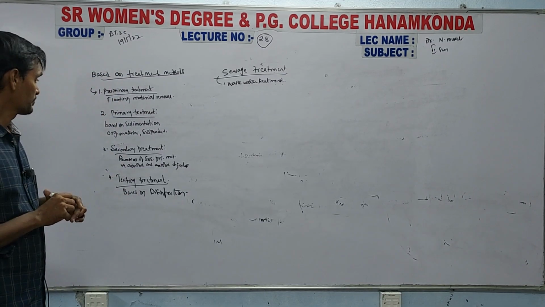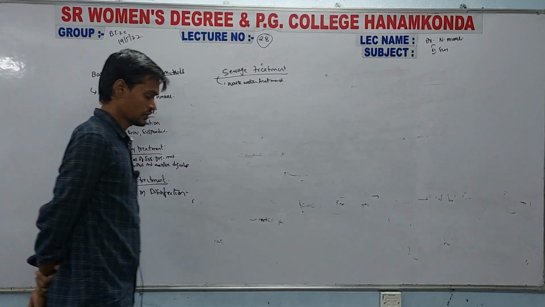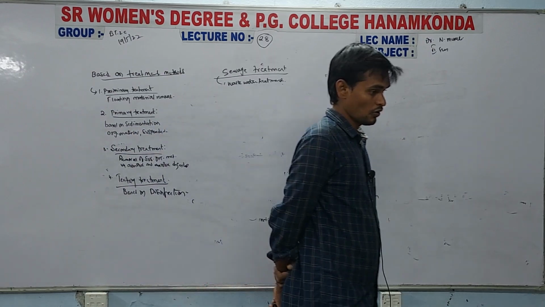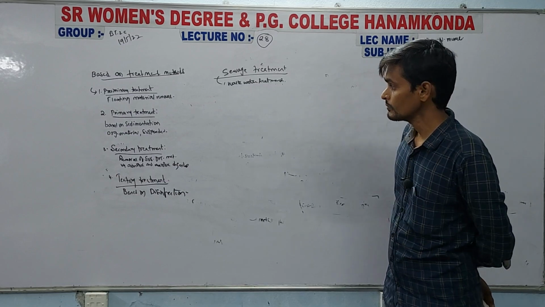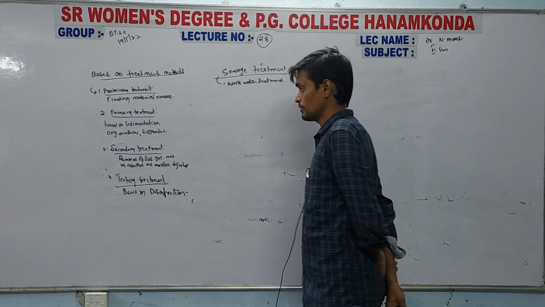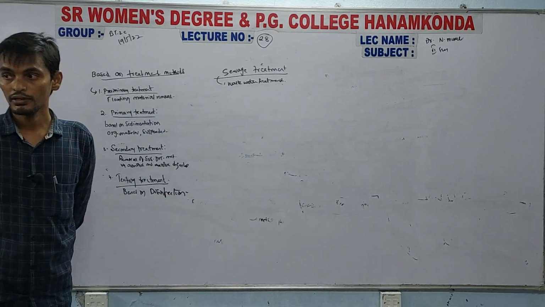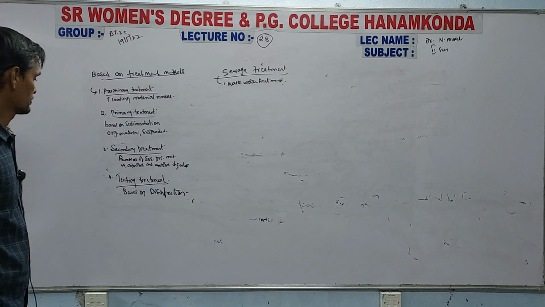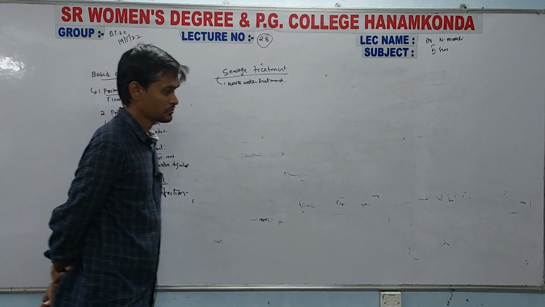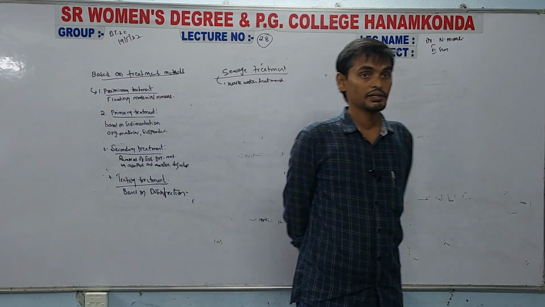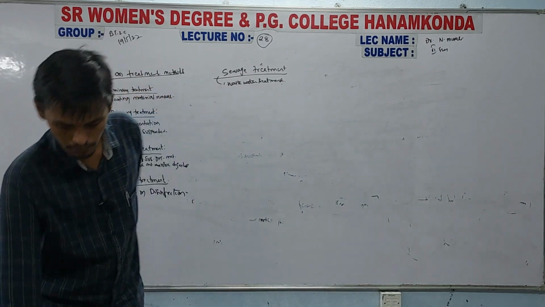Next, primary treatment. Based upon sedimentation, the suspended organic material in the sewage water will be removed. In secondary treatment, there is removal of suspended organic material by aerobic and anaerobic digestion. Next, the fourth one is tertiary treatment, which is mainly based upon disinfection methods.